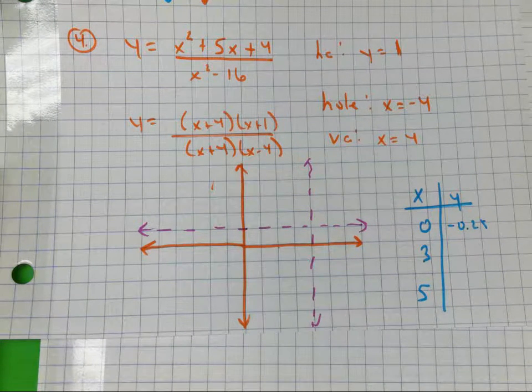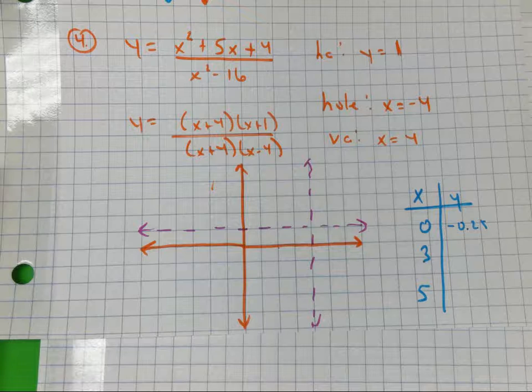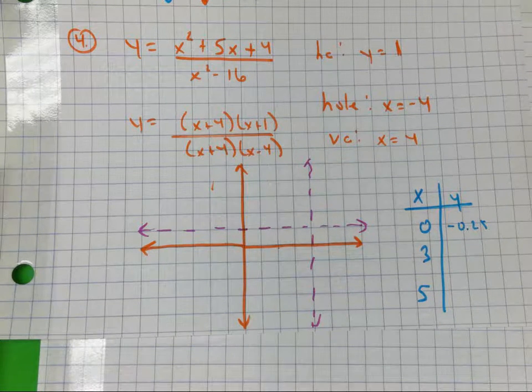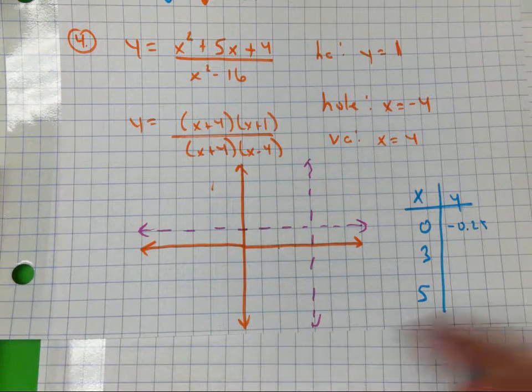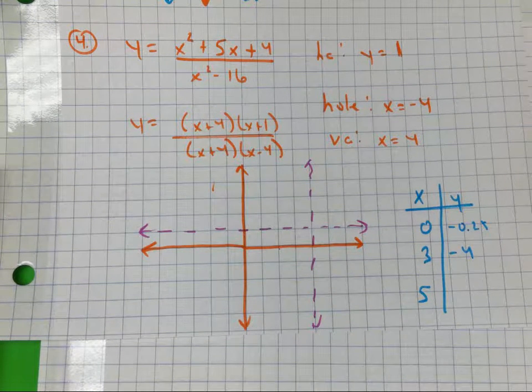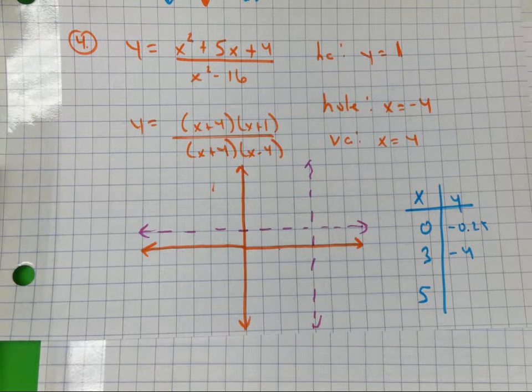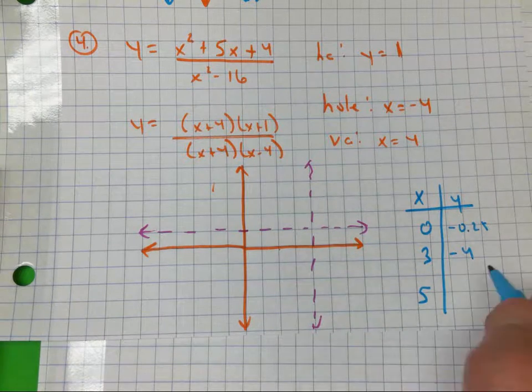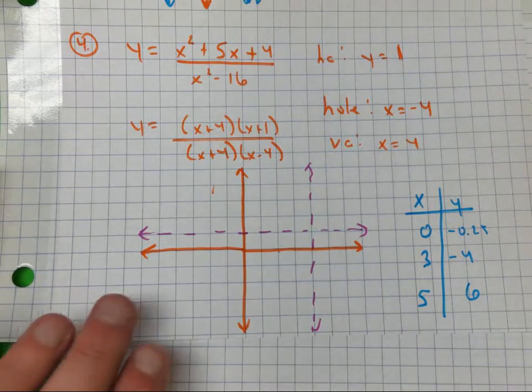Plug 3 in, gives me negative 4. Plug 5 in, and you get 6. Okay, I'm going to graph that.